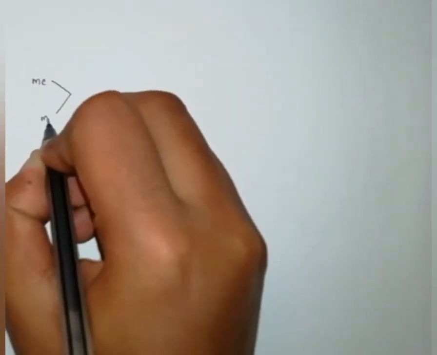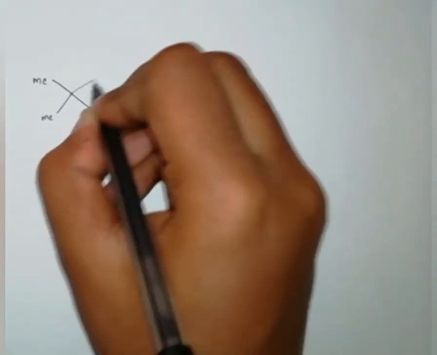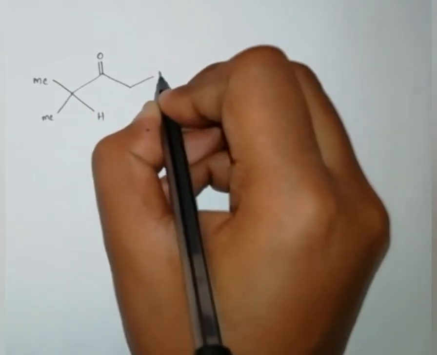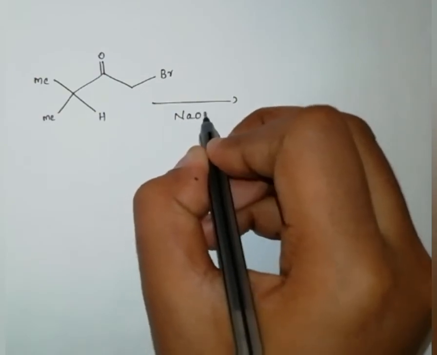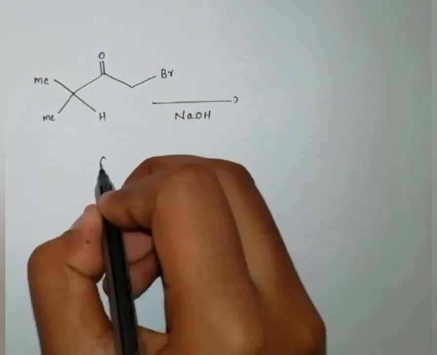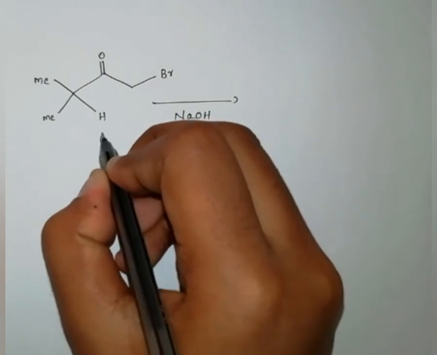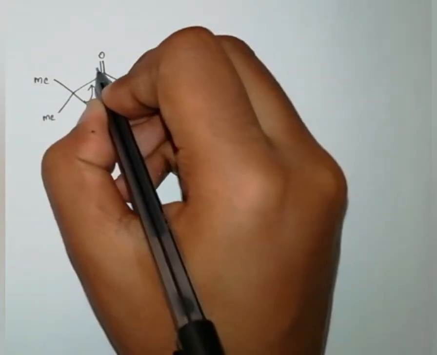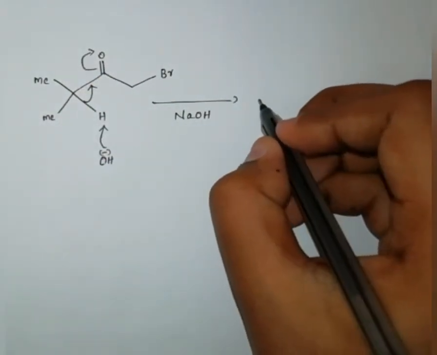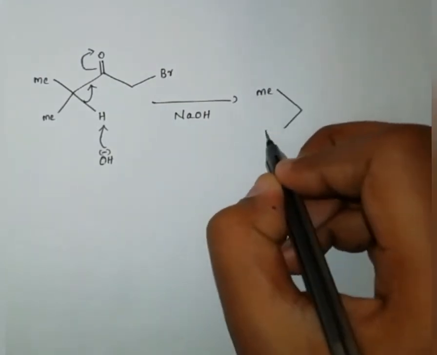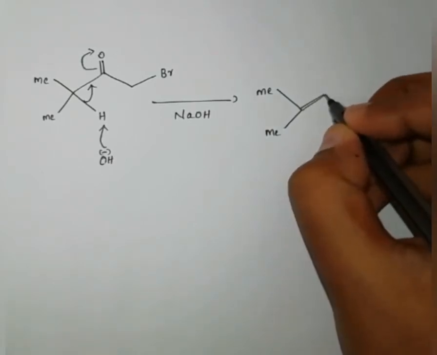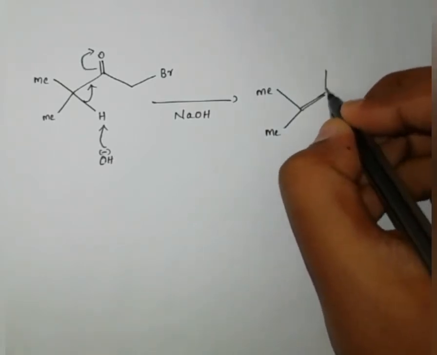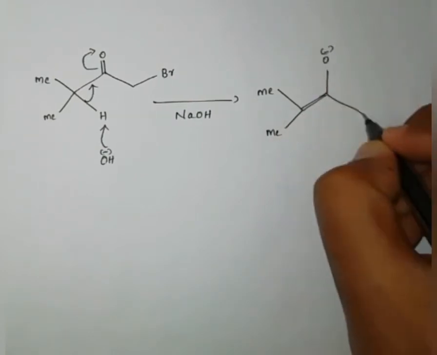Consider one example. In this example, this hydrogen is abstracted, and this becomes MeO minus.